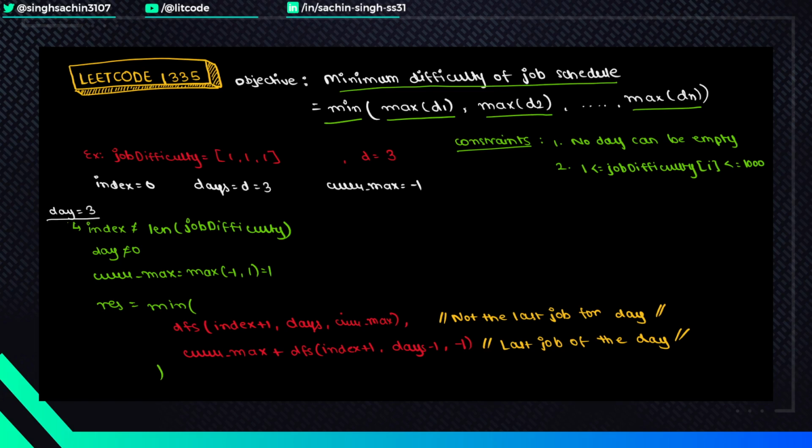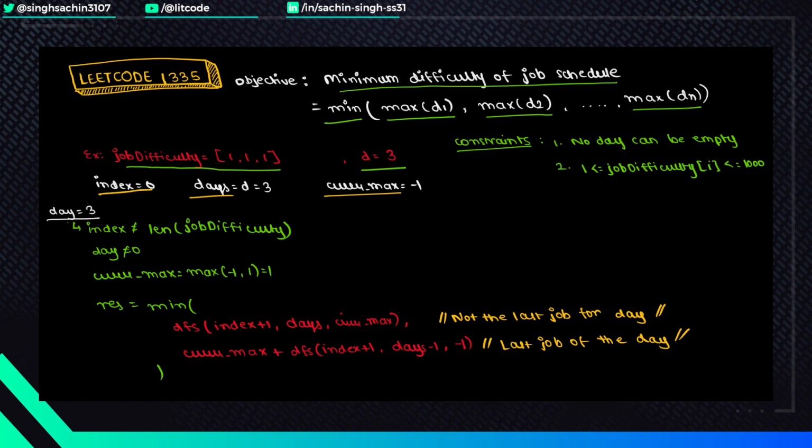So let's take an example and understand what we will be doing in the code, and we'll see the code at the end. For example, in this case, we had a jobDifficulty array with 1, 1, 1 as the difficulty of each job, and we have to complete these 3 jobs in 3 days. Now coming to the solution, we'll use 3 variables: index, days, and current max.